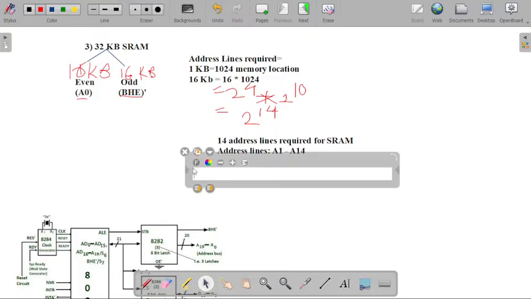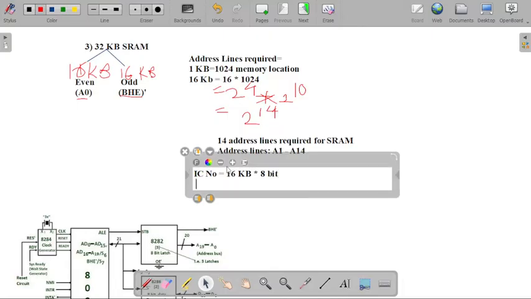Now we have to calculate what is the IC number for our SRAM. So how we are calculating the IC number? First of all, we have to take here the 16 KB of our data into 8 bit of our input output port data. So 16 KB into 8 bit is equal to, we got the number that is 128.